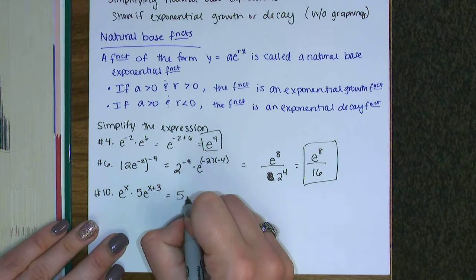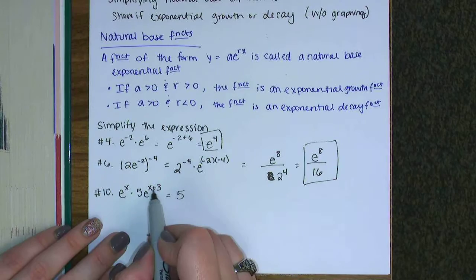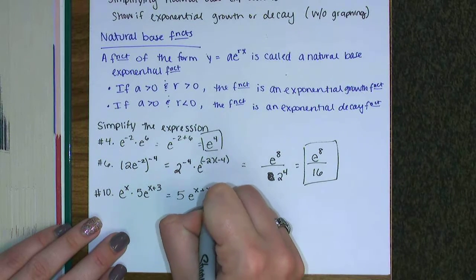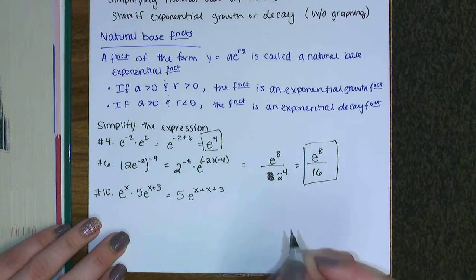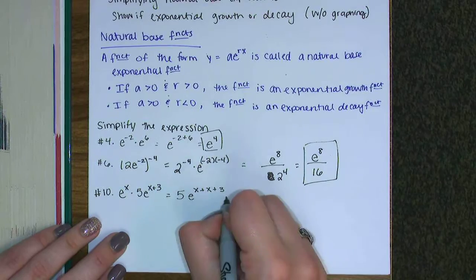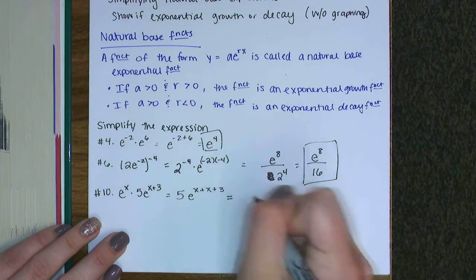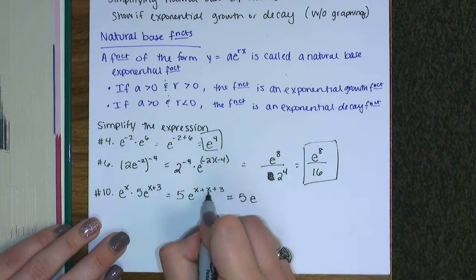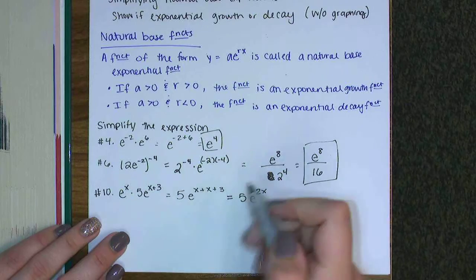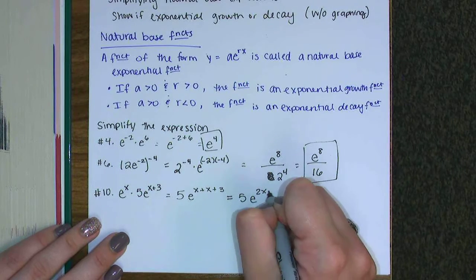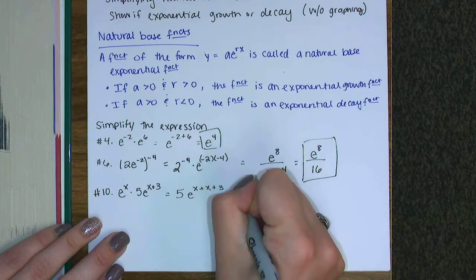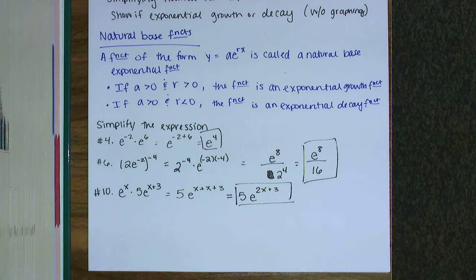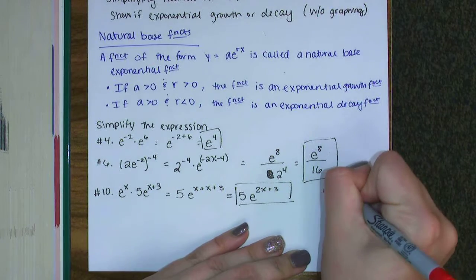Now I can add these exponents because we're multiplying, meaning that we get 5e to the x plus x, which is 2x. Can't add the 3 onto that, so we just say plus 3, and that would be the answer.